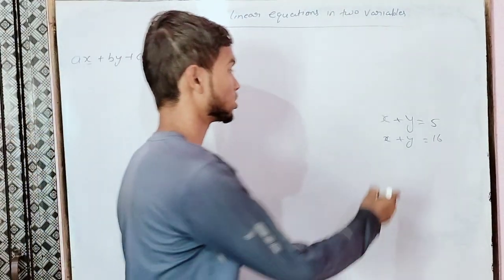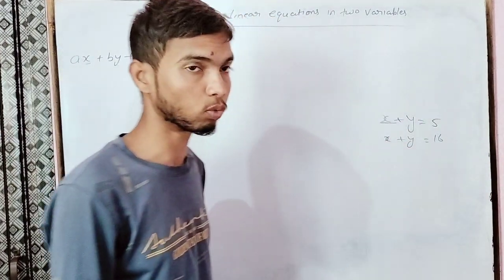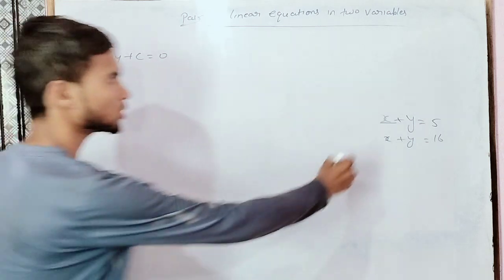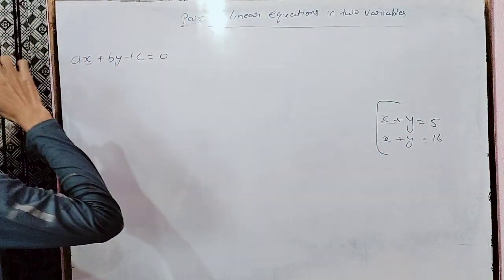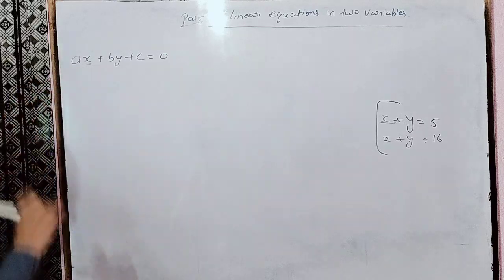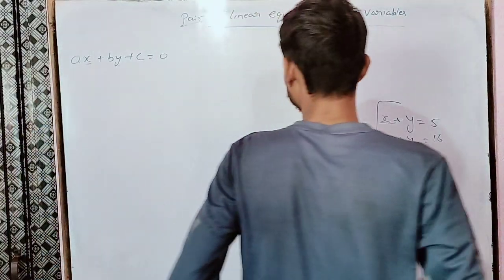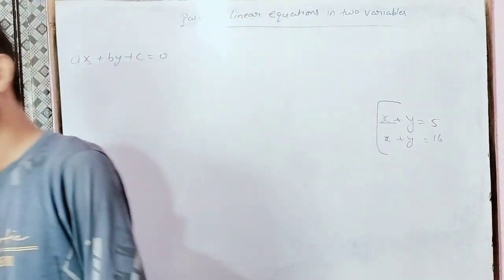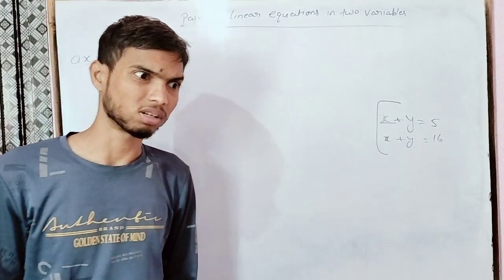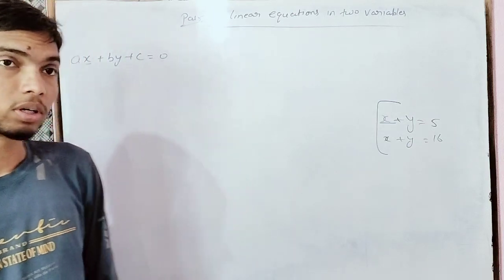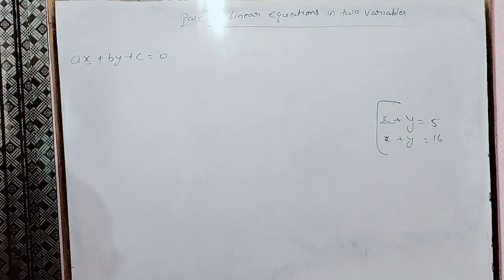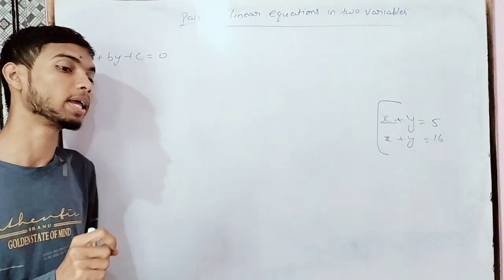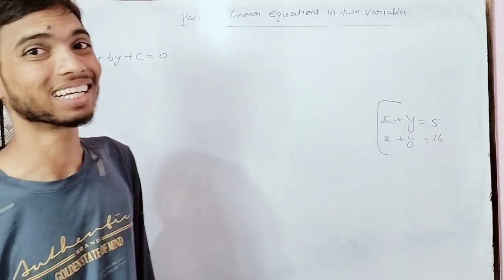Now x is your variable, y is your variable, 5 is a constant. Let's understand this here. It is saying a is a coefficient. You already know a is a coefficient, b is a coefficient. We would not say that a, b, c are variables. No, here x and y are your variables, where a, b, c are real numbers.